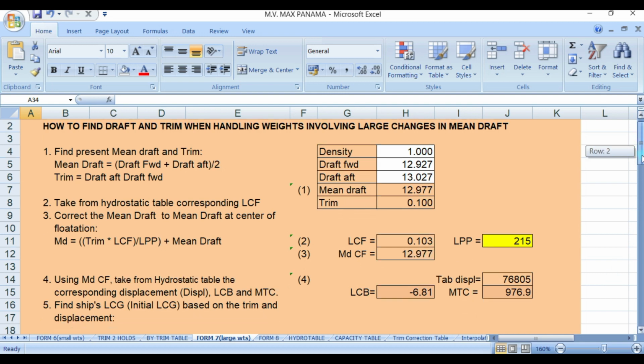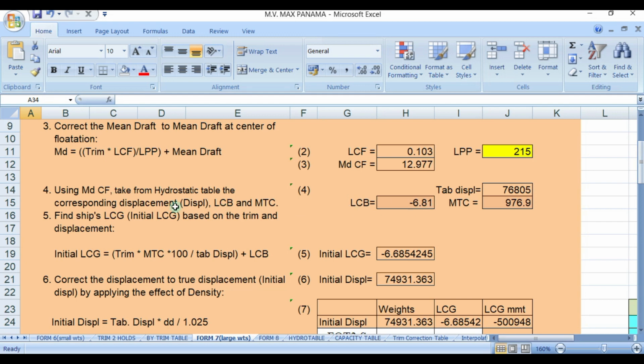In number 4, you will look for your value of LCB, MTC, and displacement of 12.977.